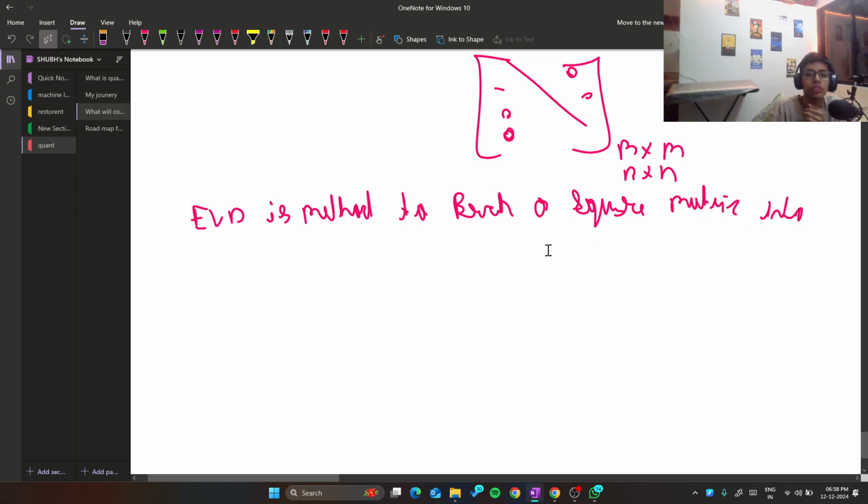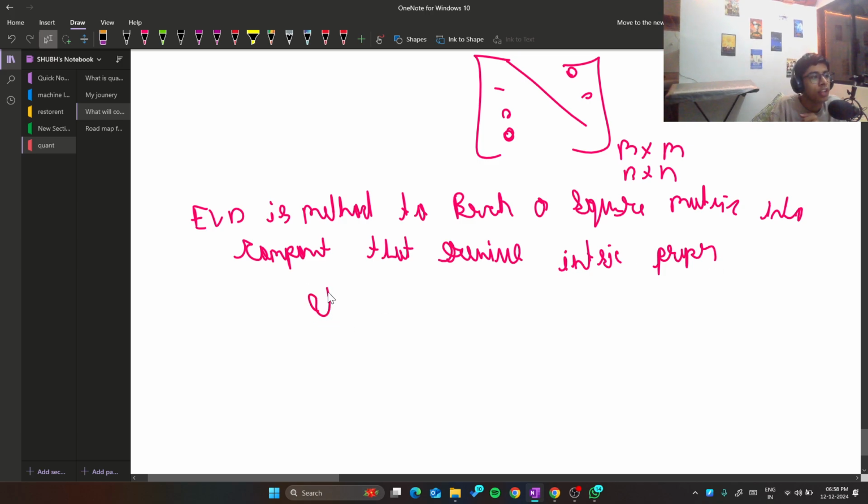Square matrix into components that reveal intrinsic properties, and its eigenvalues and vectors are given by this formula.